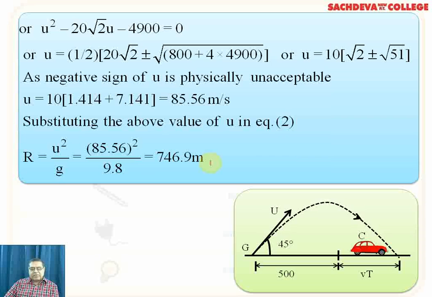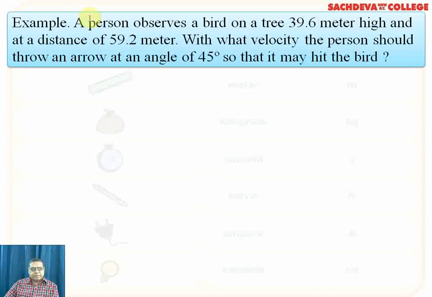Now in another example, a person observes a bird on the tree 39.6 meters high. So the height of the tree is given to us and at a distance of 59.2 meters.